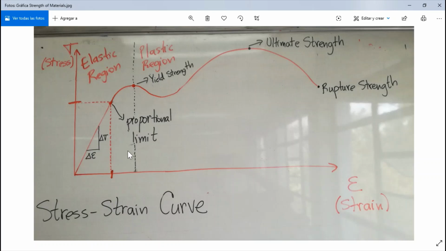Remember, in math, when we speak about a linear equation, we use the equation y equals mx plus b. In this case, it is something similar. The dependent variable would be stress and the independent would be strain. So we have stress equals the modulus of elasticity times the strain.